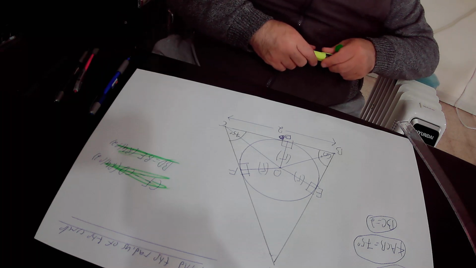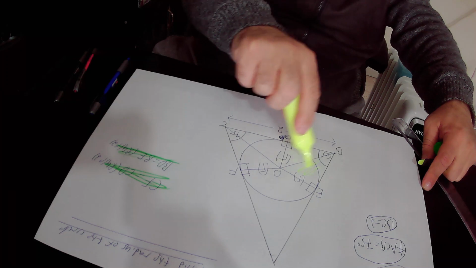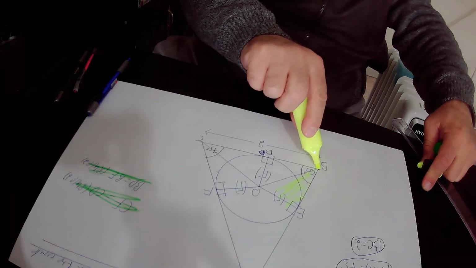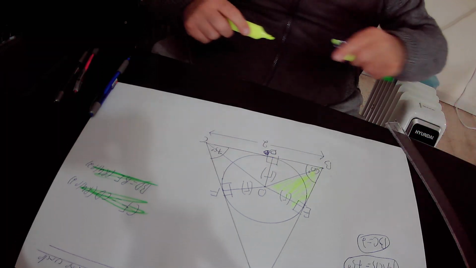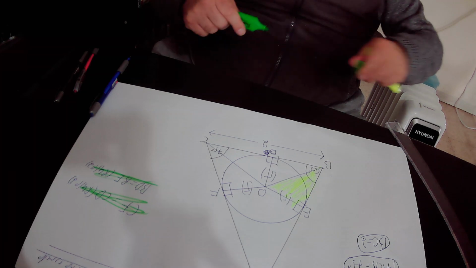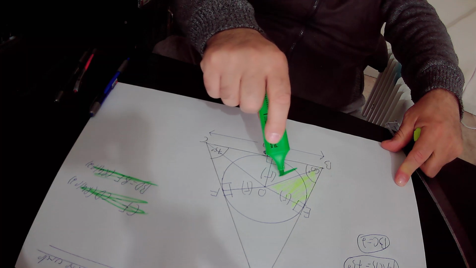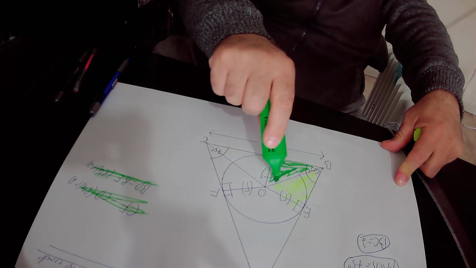In the next step, we will prove that the yellow right triangle, triangle EBO, is congruent to the green right triangle, triangle ODB.